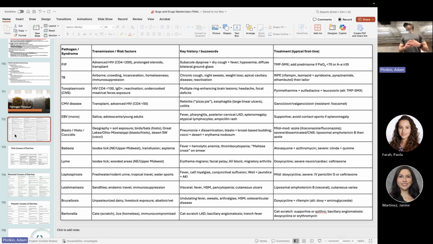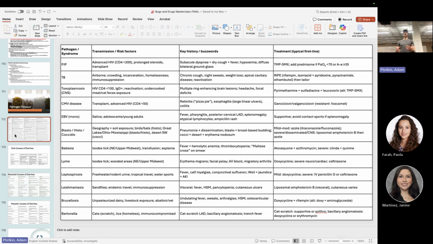Correct. Yeah. So blasto, I tend to think of as Midwest, and then it can even move to the Eastern and Southern states. Histo, again, more or less the same thing. It likes the Ohio River Valley, Mississippi. And then coccidio is going to be more Arizona, Mexico, California, Texas.